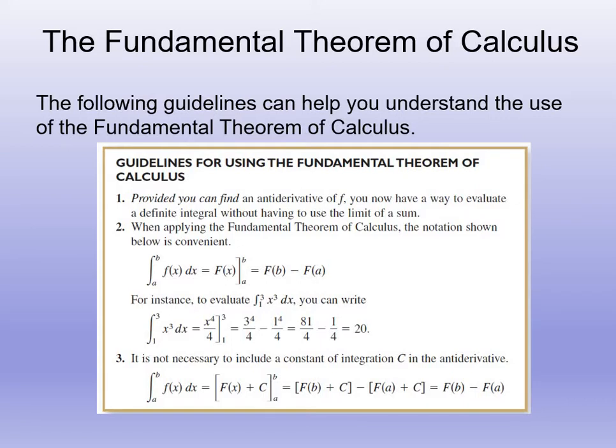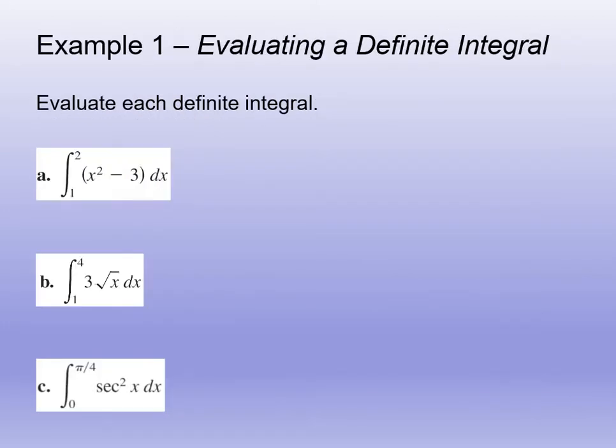If we do the antiderivative of f evaluated at b plus c minus the antiderivative of f evaluated at a plus c, that minus will distribute to the plus c and make it a negative, and then we'll have a plus c and a minus c, and they cancel out anyways. So that's the good thing about when we have a definite integral, meaning that we will have a final answer based on the limits of integration. We don't have to worry about the plus c as long as we have limits on our integral.